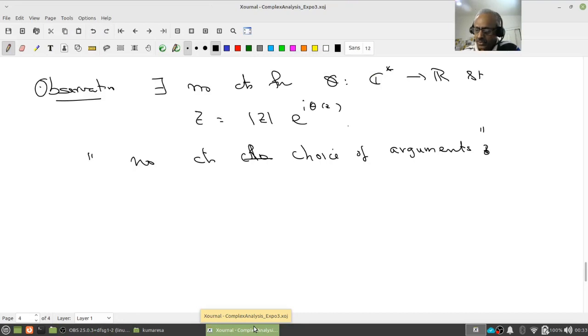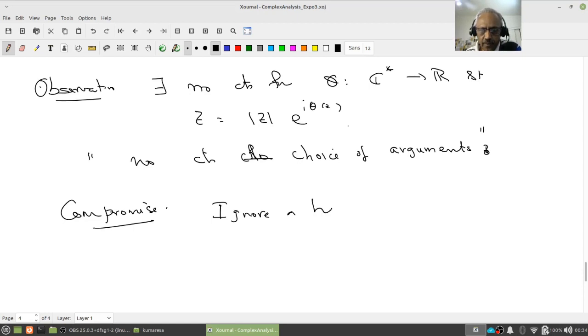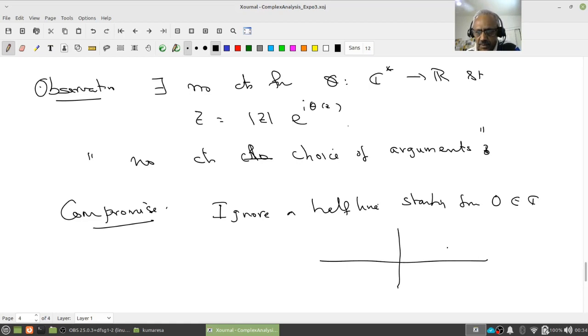Okay, so a compromise: ignore a half line starting from 0. You can see that it is like this. You can ignore any one of the lines.